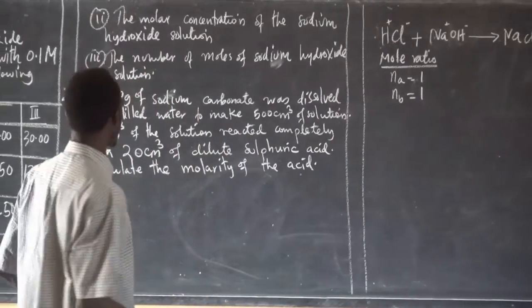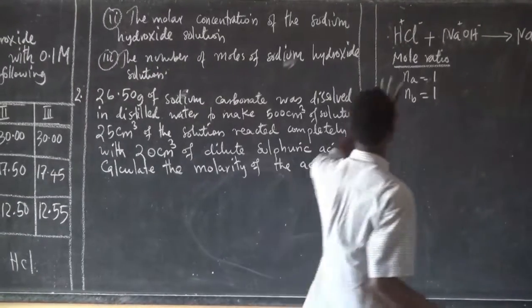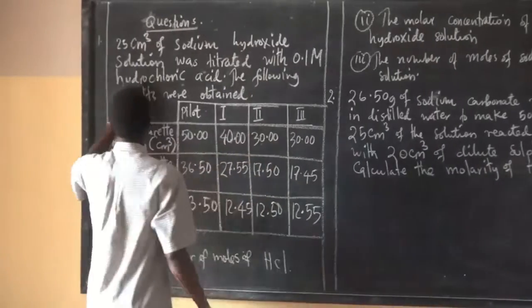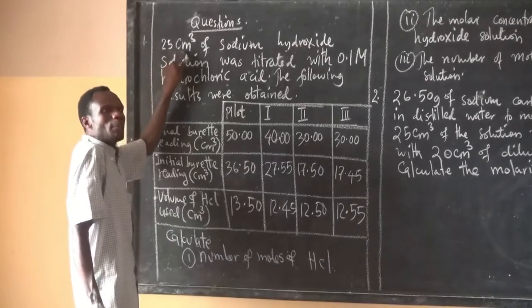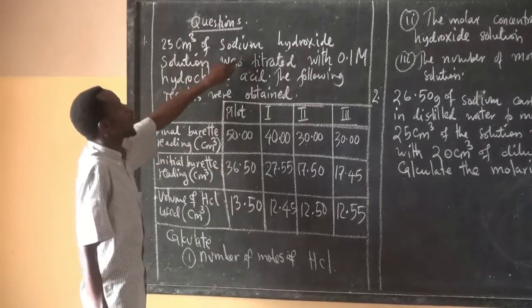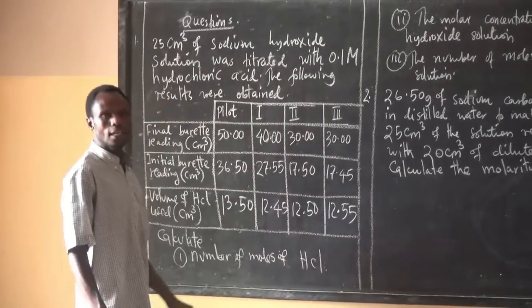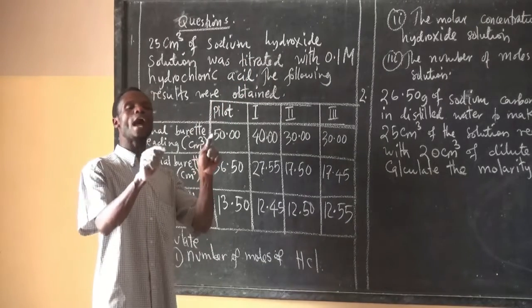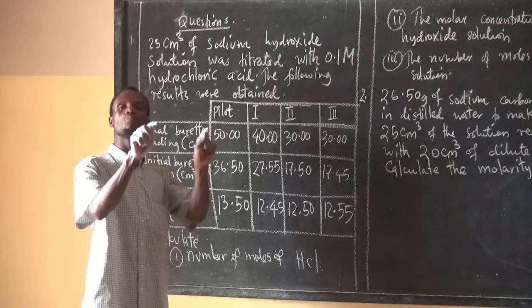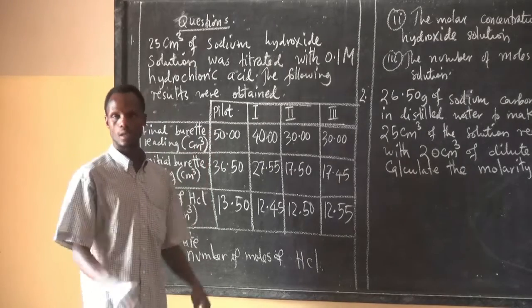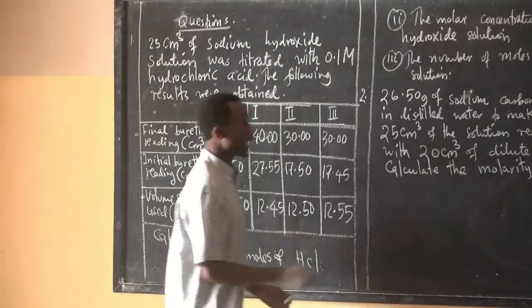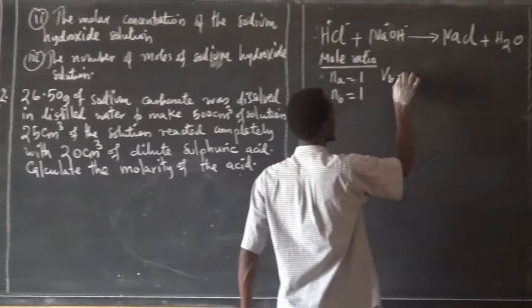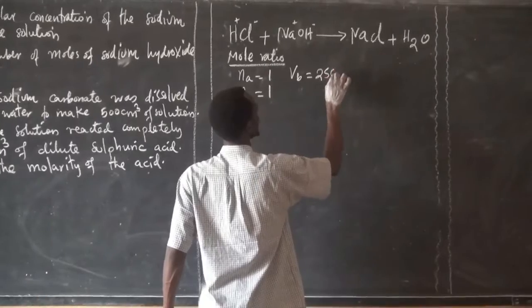The second step, after you have written that equation, is to go back to your question. From the question, we have 25 centimeter cubic of sodium hydroxide. Sodium hydroxide is a base. Now we have 25 centimeter cubic reacted with hydrochloric acid. That is the volume of the base, which is equal to 25 centimeter cubic.